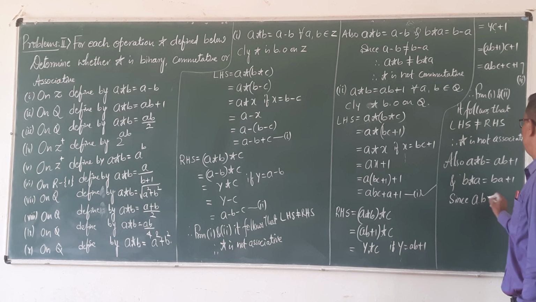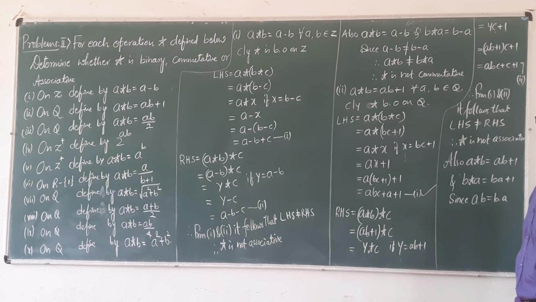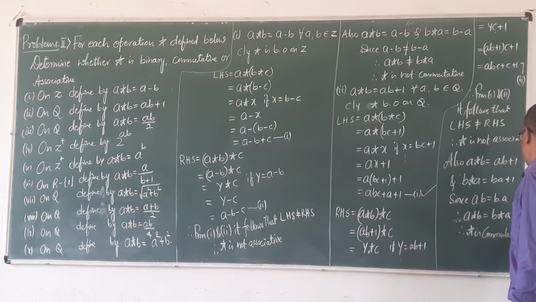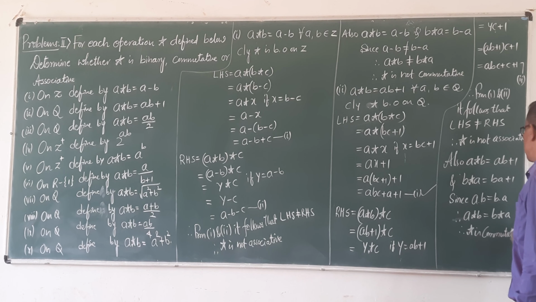In general, a into b is the same as b into a. Multiplication is commutative. Therefore, ab is nothing but a star b, and ba is nothing but b star a. Therefore, star is commutative. Now, in this example, it is a binary operation and it is commutative, but it is not associative.